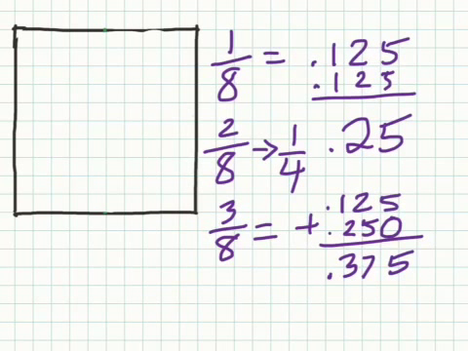So 3/8 equals 0.375, using the facts that we've already learned. So then, what about 4/8? We could do 0.125 plus 0.125 plus 0.125 plus 0.125. We could build on the addition that we've already done with our decimals, or we could just look at the number. 4/8 would simplify to what fraction? Yeah, a half. And do you know the decimal for a half? You should.